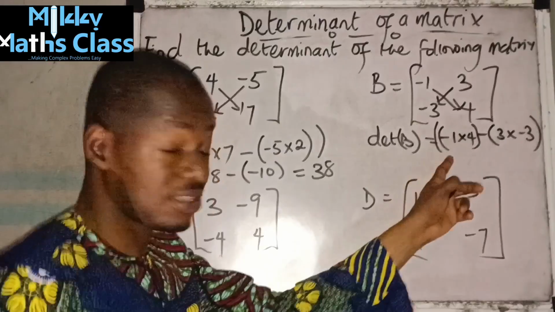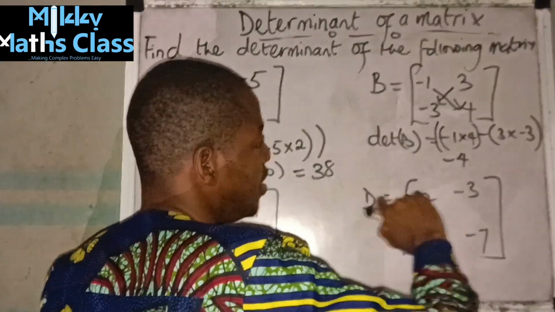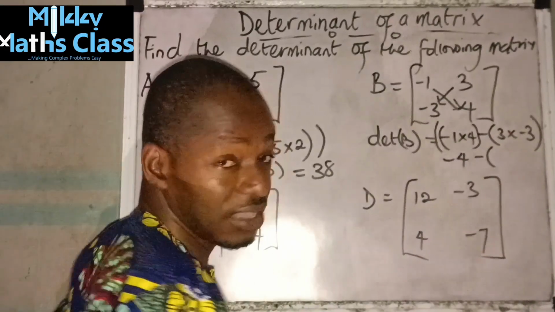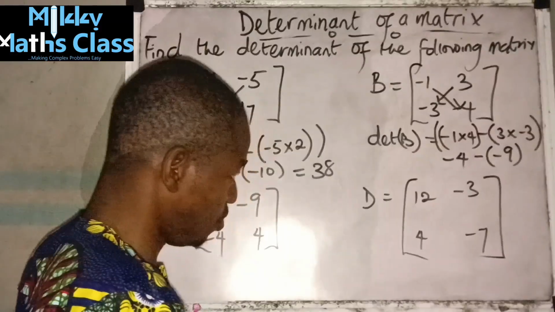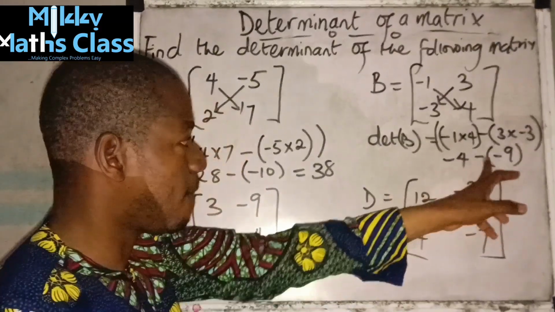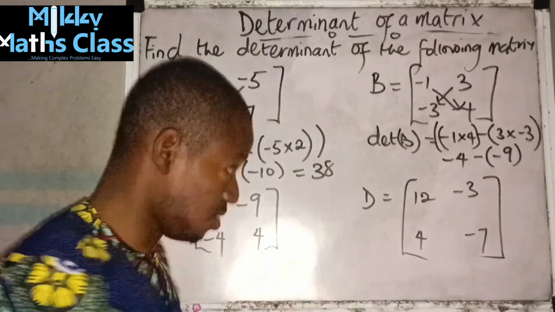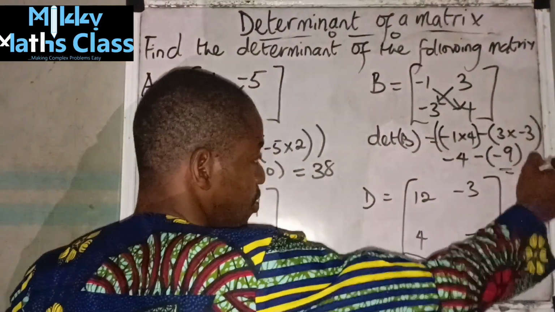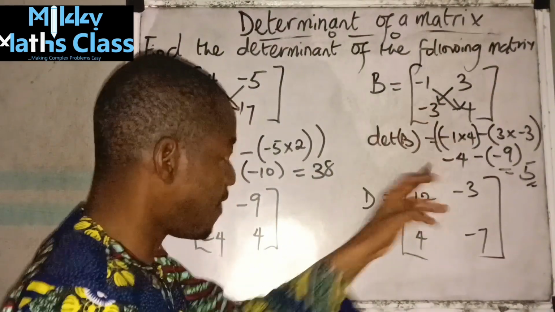So negative 1 times 4 is negative 4, then minus 3 times negative 3, that's negative 9. So this becomes negative 4 plus 9, because it's negative and negative, you cancel out, it becomes positive. So that becomes negative 4 plus 9, that's 5. So the determinant of this matrix is 5.